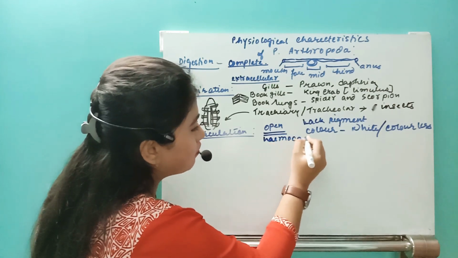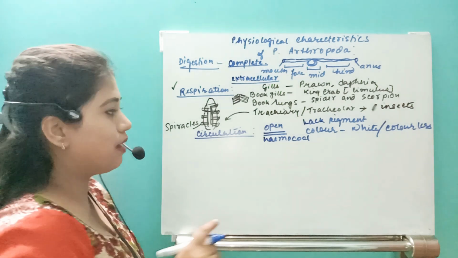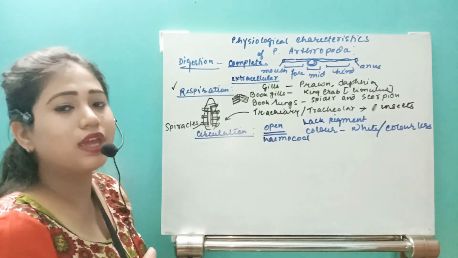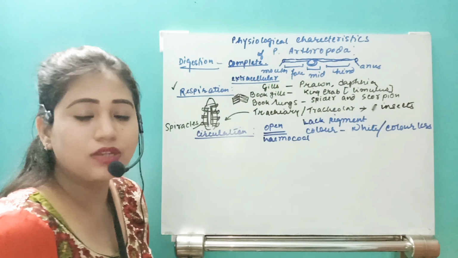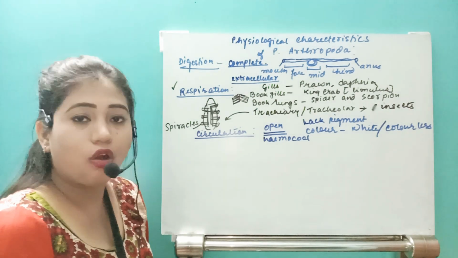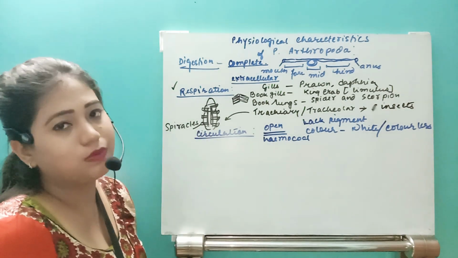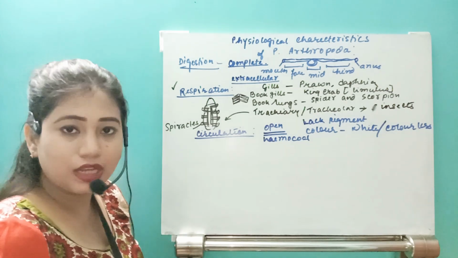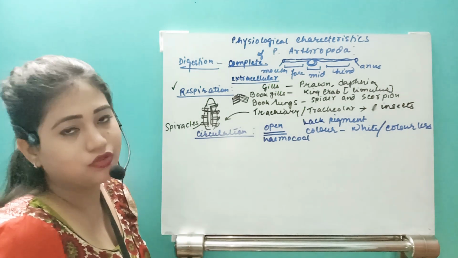They have the coelom where the organs are present, and the organs are directly bathed by the blood. So that coelom is known as hemocoel. This organism does not have any respiratory pigment, so the blood of Arthropoda cannot transport oxygen or carbon dioxide. That's why they have a very well developed respiratory system which takes the gas and transports it directly to the tissues, not taking help from an intermediate circulatory system.